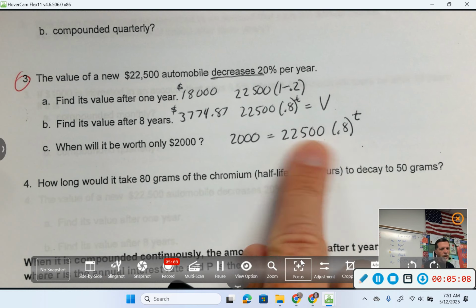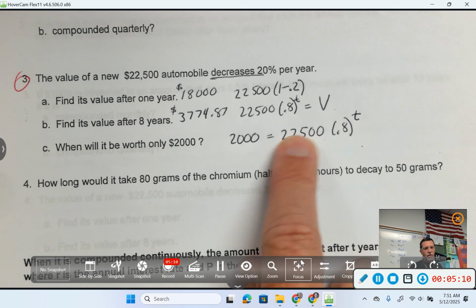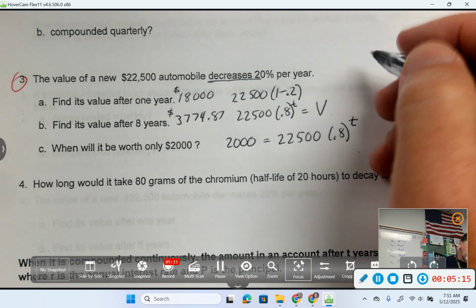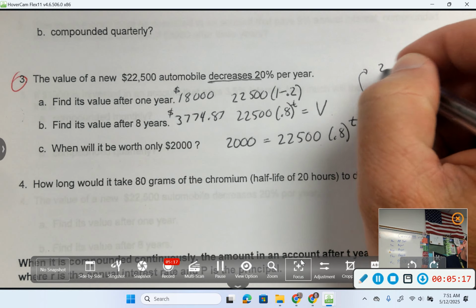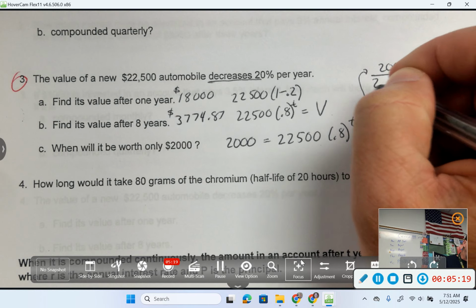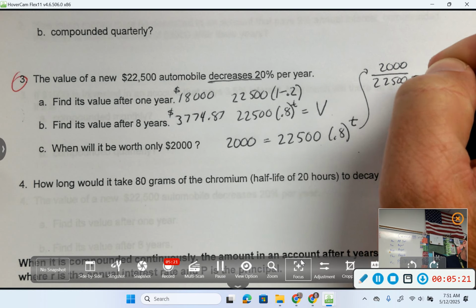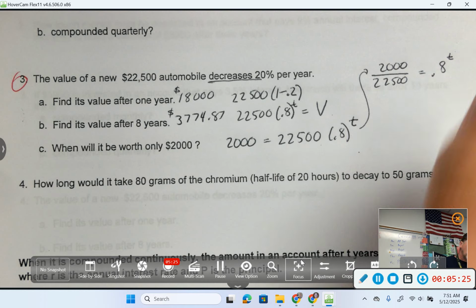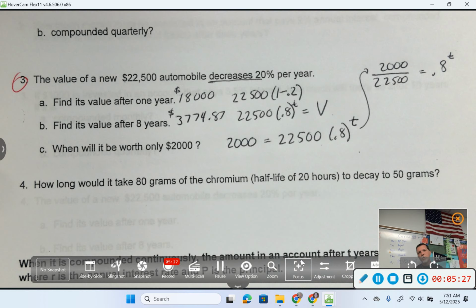Right? Don't multiply those because that's got an exponent on it. I can't do that. Let's divide by 22.5. In fact, I'm just going to wait till the very end to put this in my calculator, because 2,000 divided by 22,500 is going to be some weird decimal, and I don't want to mess with that.